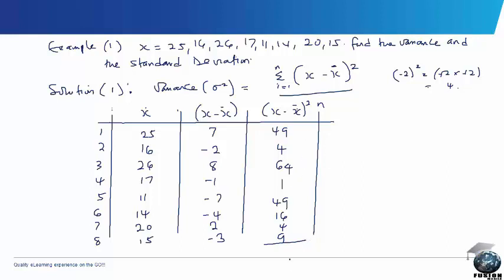So all we have to do is add them to find their summation. Adding them gives us 196. If you add 49 to 4, then add 4, then 64, and so on, just add all the numbers in that column and you will have 196. And so therefore, since we have the summation of (x minus x bar) all squared to be 196, and n is equal to 8, we can find the variance.